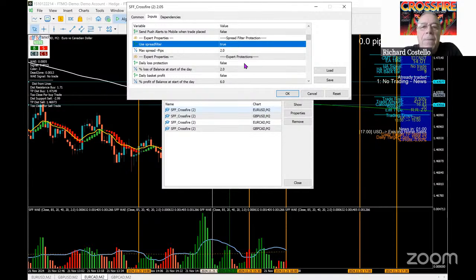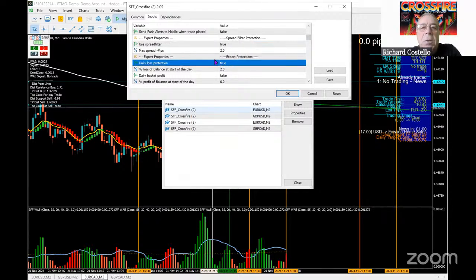Now, as it happens for this afternoon session, I turned this daily loss protection off, because when I was installing everything this morning, I went above my 2% for the day. So it wouldn't let me trade for this live unless I turn that off. But I would recommend you have your daily loss protection true, and that you have a 2% maximum.